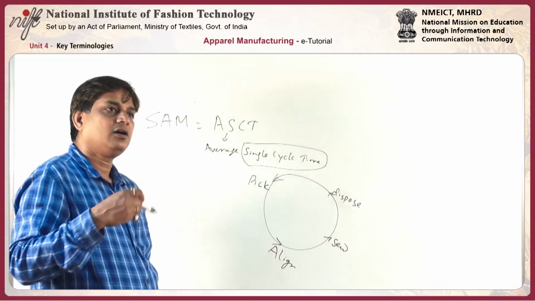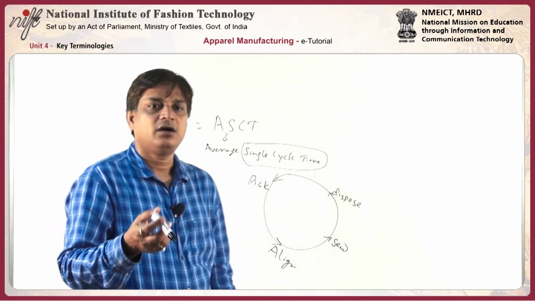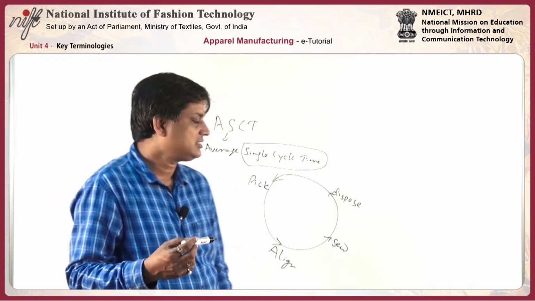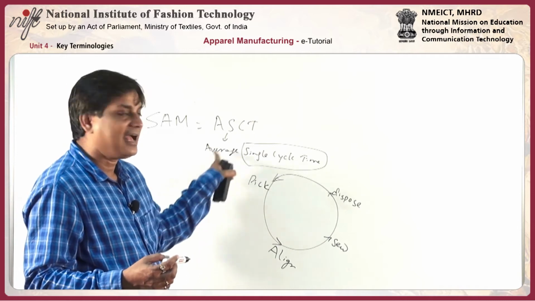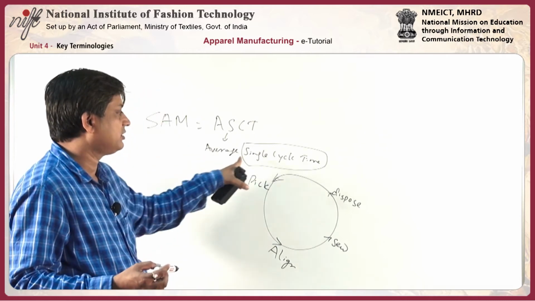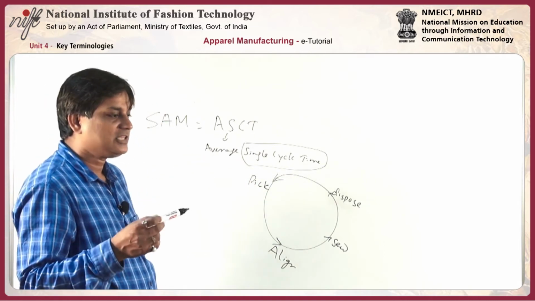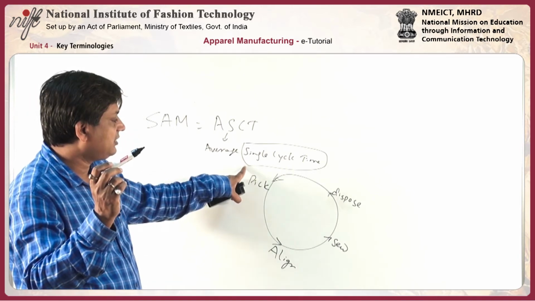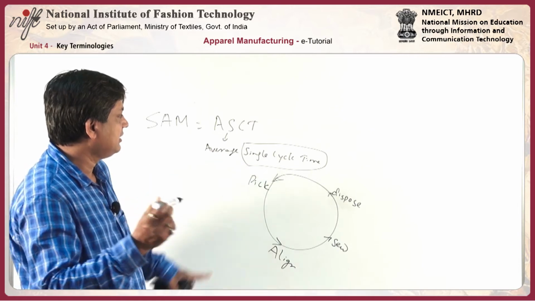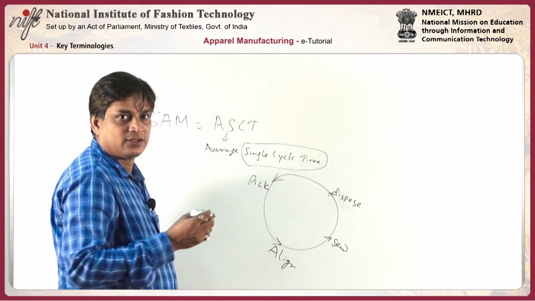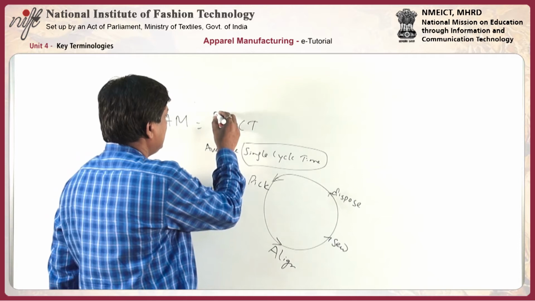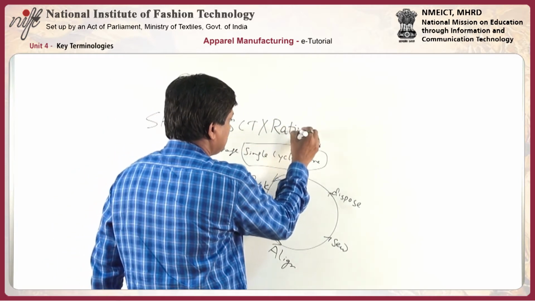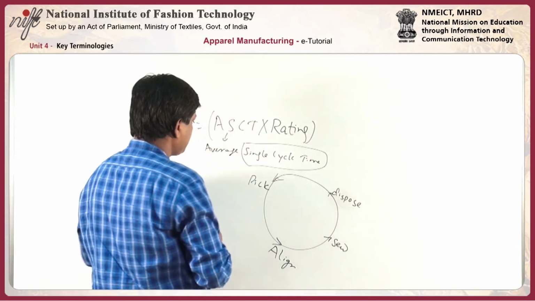During the time study, the industrial engineer has to take around 10 to 15 cycles and then find the average. That average of the cycles comes under the ASCT. So ASCT, then, as we have already discussed, into rating.